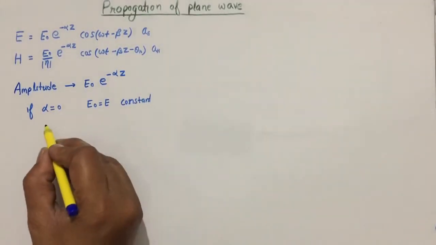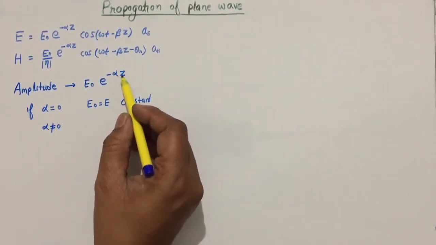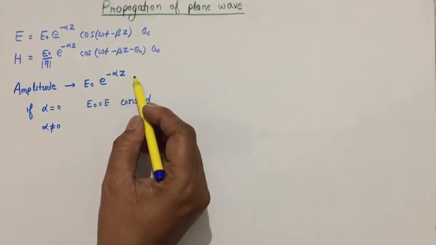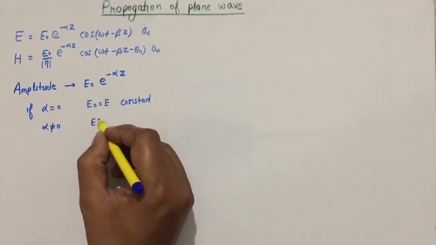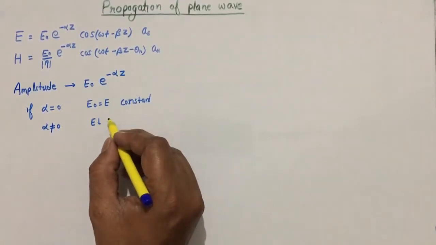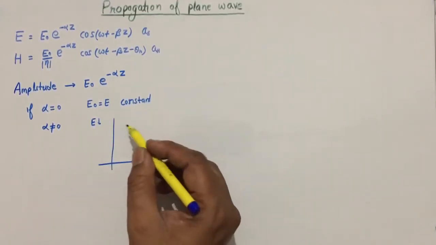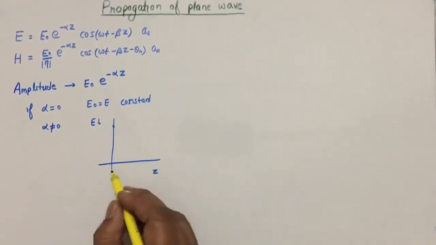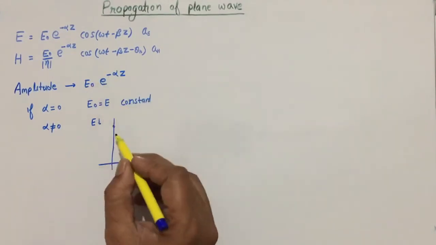And if alpha is different from 0, then this value decreases with the increment of z. So the value of E decreases exponentially with z. If we plot this, then we can find at z equal to 0, this becomes equal to 1 and it becomes E naught.